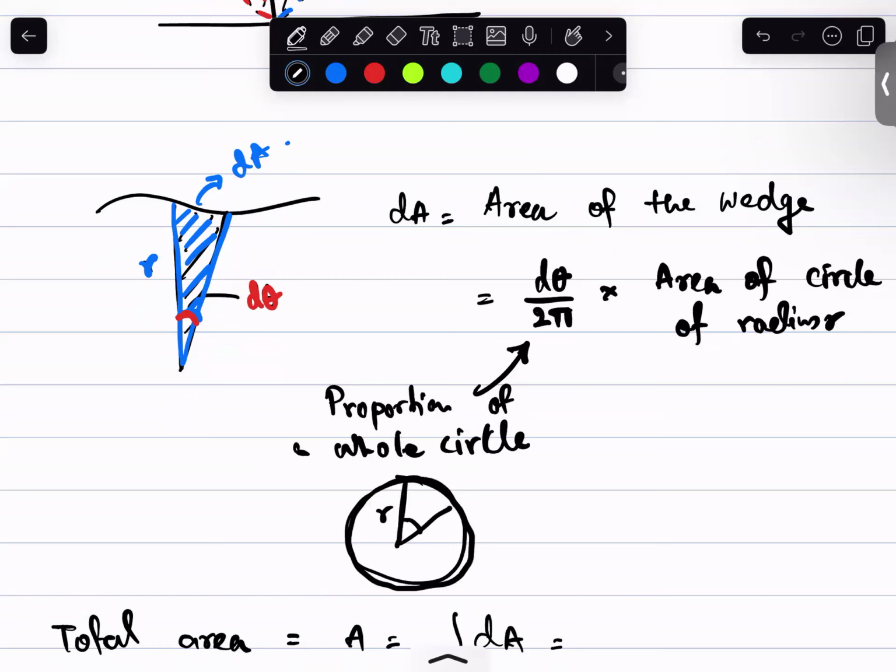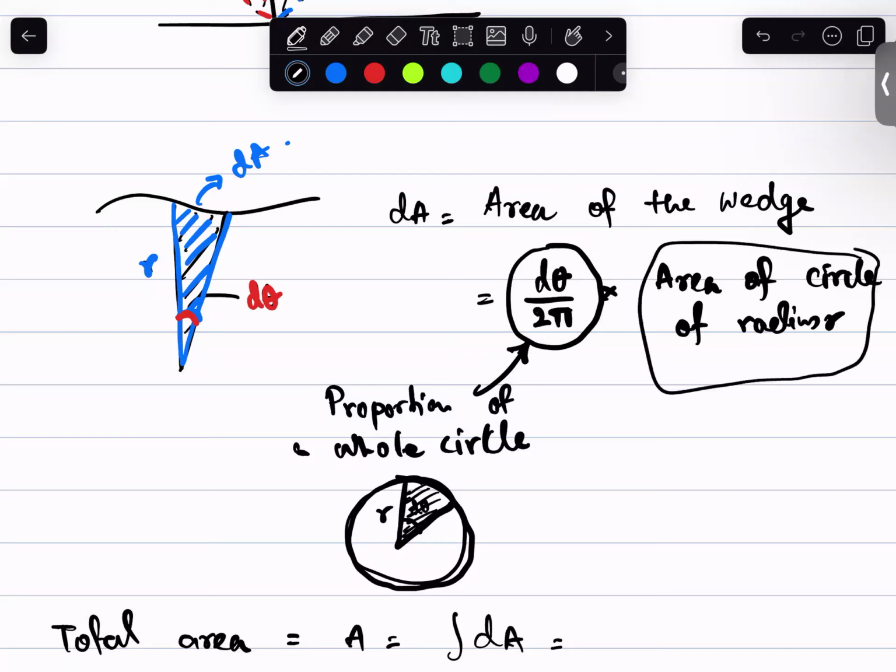So if I consider this small little pizza slice, having the angle d theta, then d theta over 2 pi is the proportion of the circle. And the total area of the circle of radius r will be pi r square. So ultimately, I have d theta over 2 pi times pi r square, coming from this picture when we consider the small pizza slice.